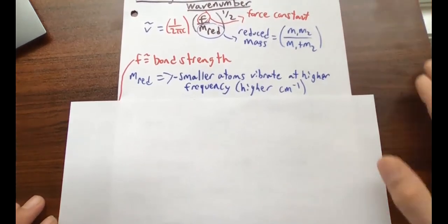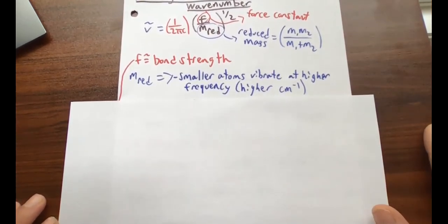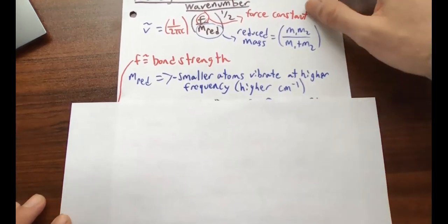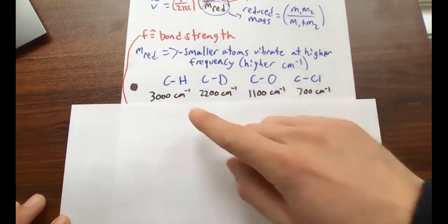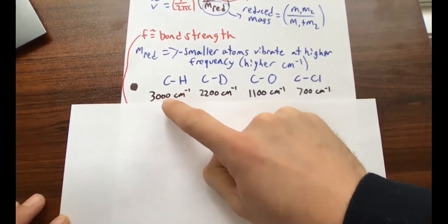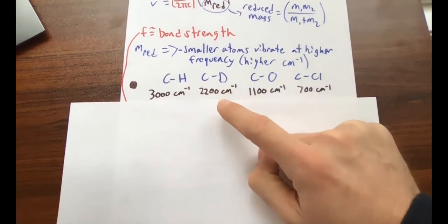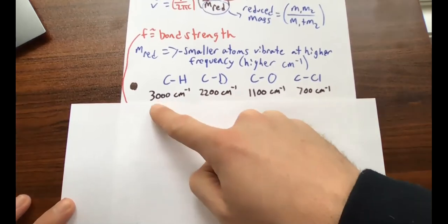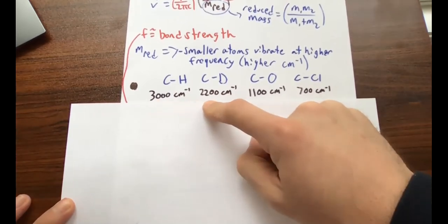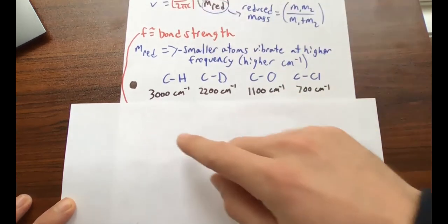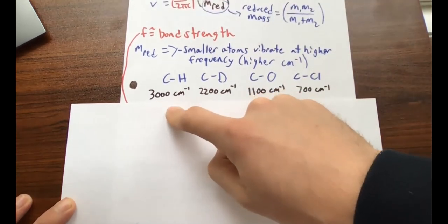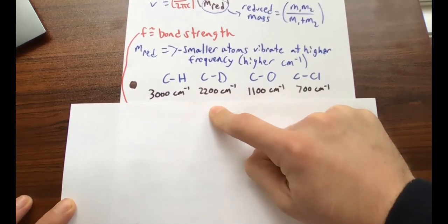In reduced mass, the smaller atoms vibrate at a higher frequency, higher centimeters minus one, which means that as you go up in molecular weight from a C-H bond to a C-D bond, already you have a big decrease in the observed frequency, which is ν with the bar on top of it. So even just from 1 to 2 changes the frequency a whole lot.